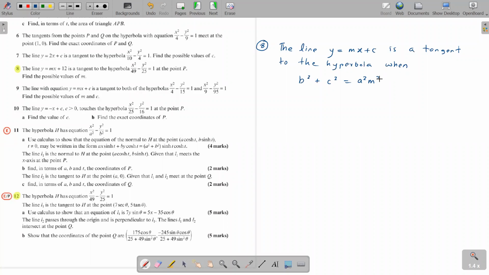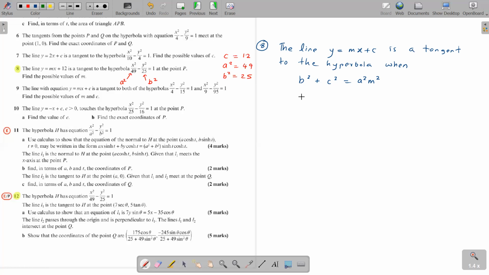Okay, so this is the condition. So if this condition is satisfied, it's a tangent. So according to our hyperbola, the a square value is 49. Do you see? The b square value is 25 and the m value is unknown. C value is 12.